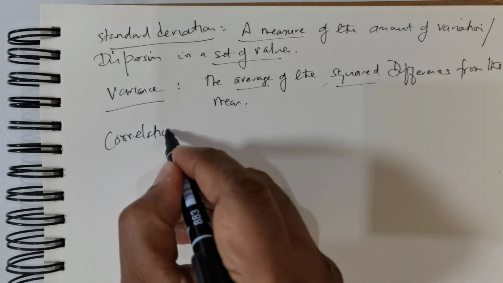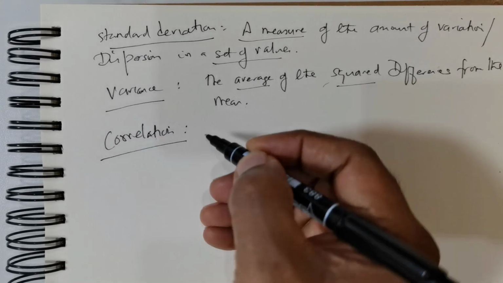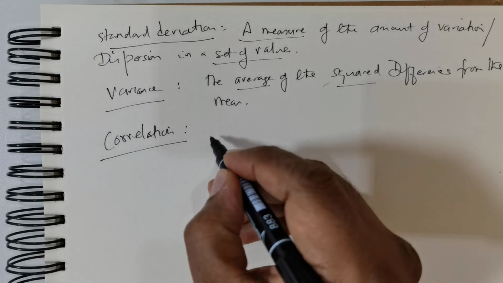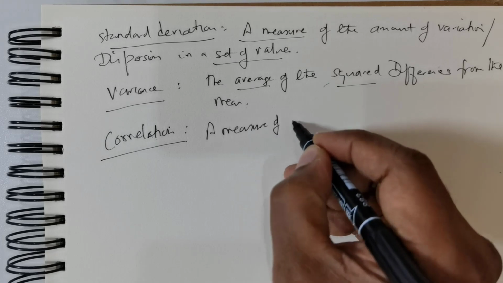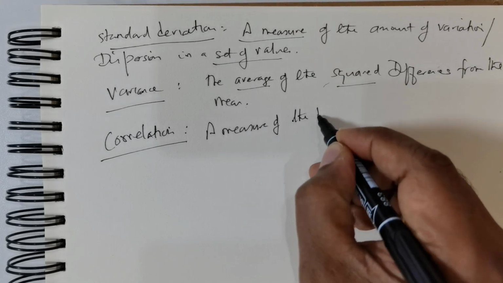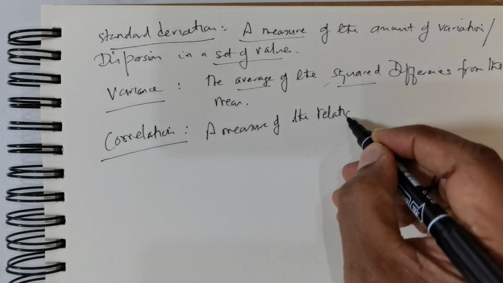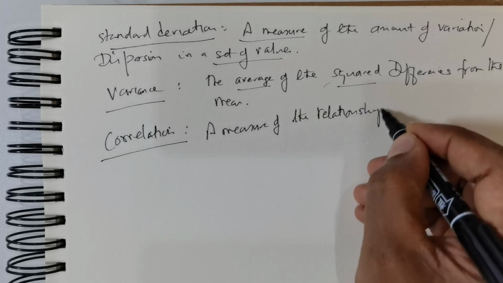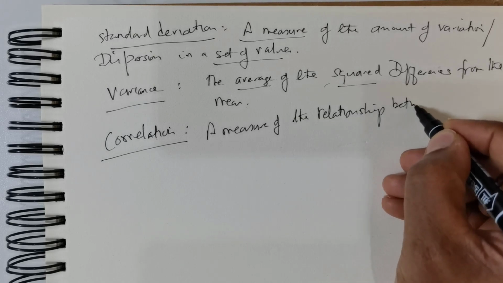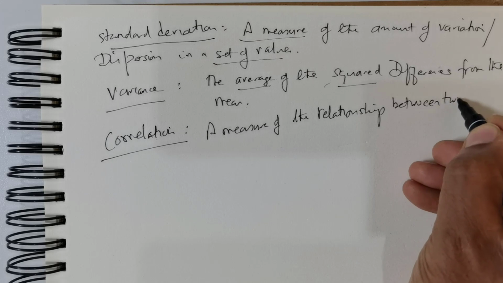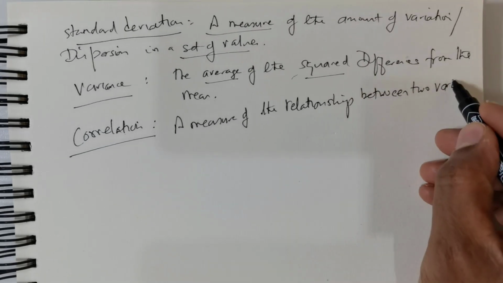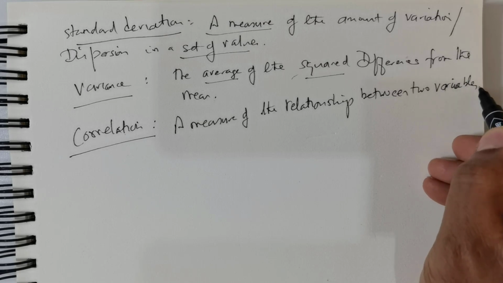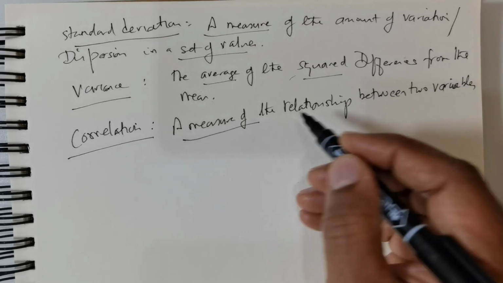Now next comes correlation. So what is correlation? It's a measure. Now this is actually a measure of the relationship between two variables. So it's a measure.